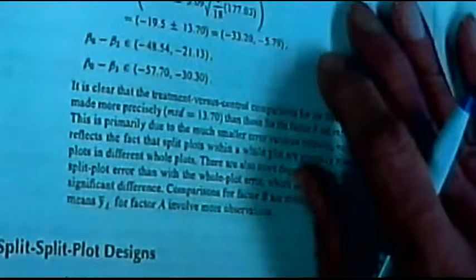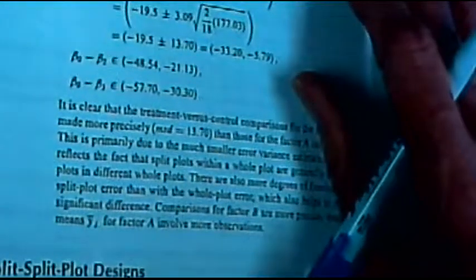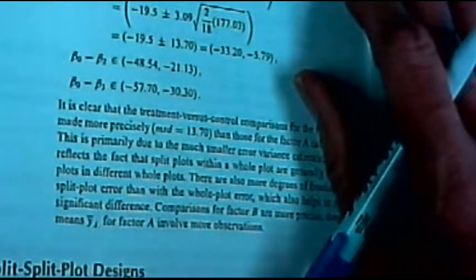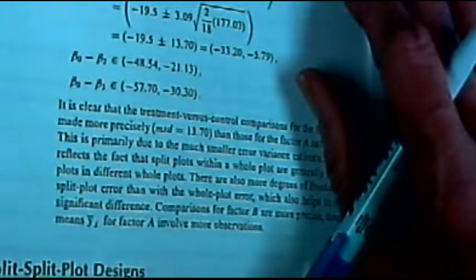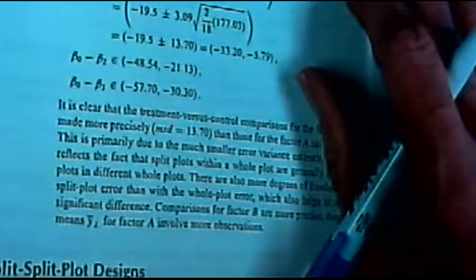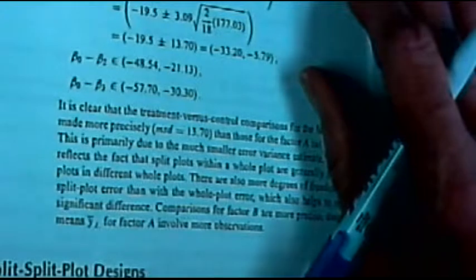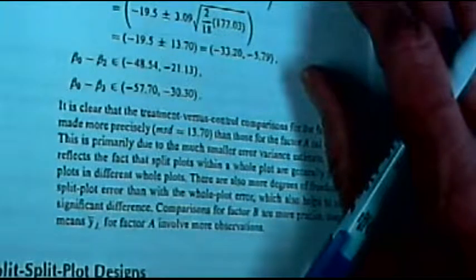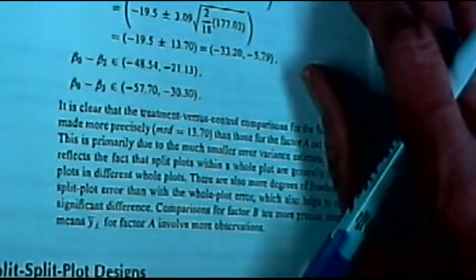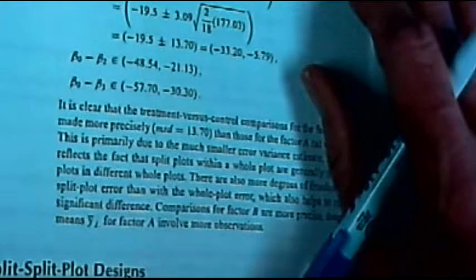So what does that import? It basically says, well, in split plot experiments, you can go on and do estimates and confidence intervals for the parameters in the model and use the usual stuff. You don't change anything that you know how to do, just use your usual stuff for that purpose.